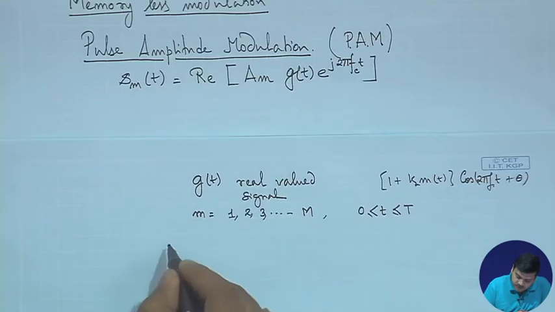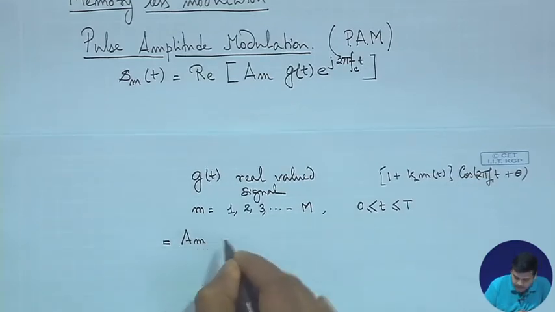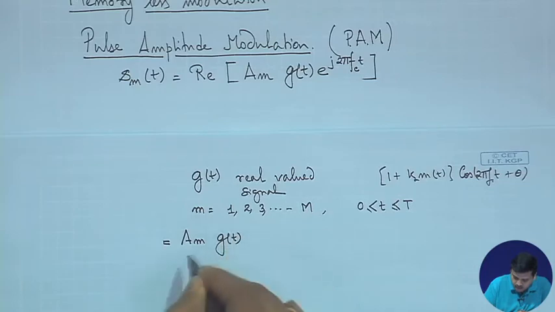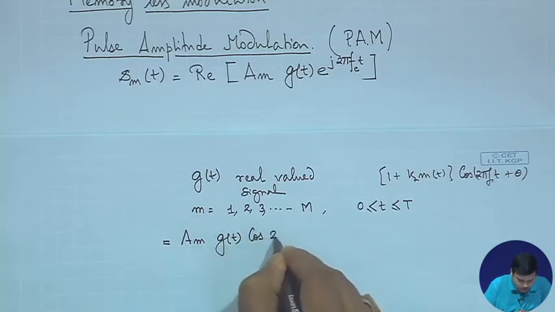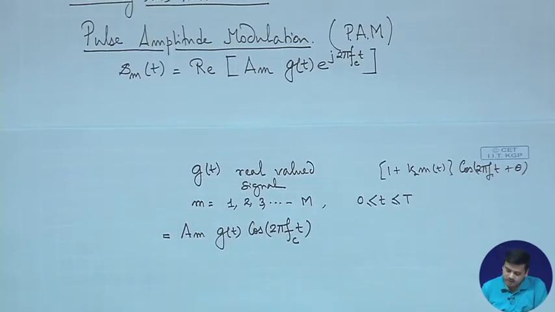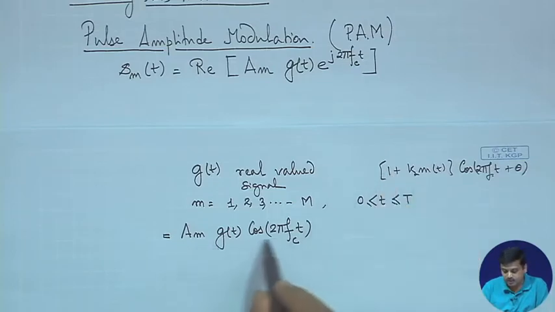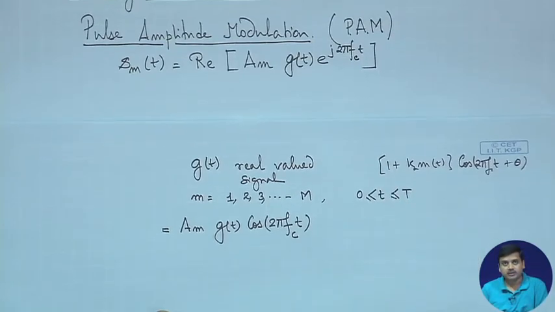With this representation, what you get is Am g(t) cos 2 pi fct. This is not much different from amplitude modulation if I remove this A1, which is basically the suppressed carrier. So, this is suppressed carrier double sideband amplitude modulation.